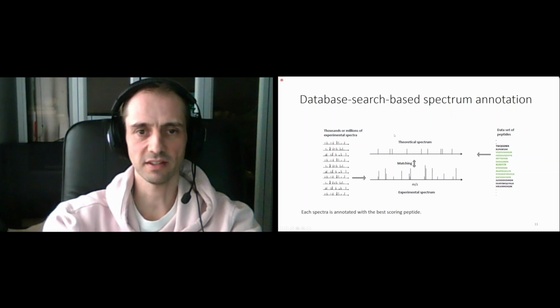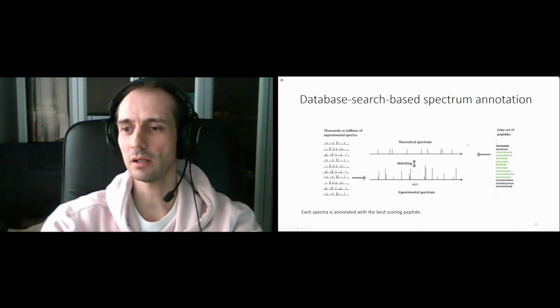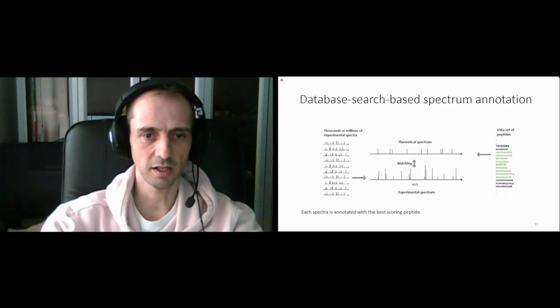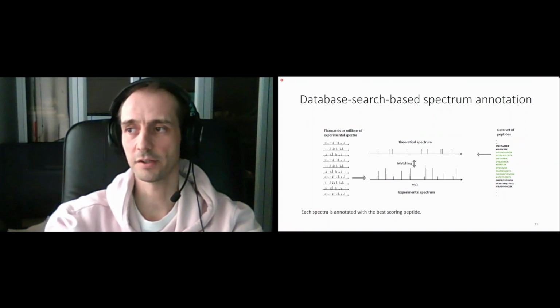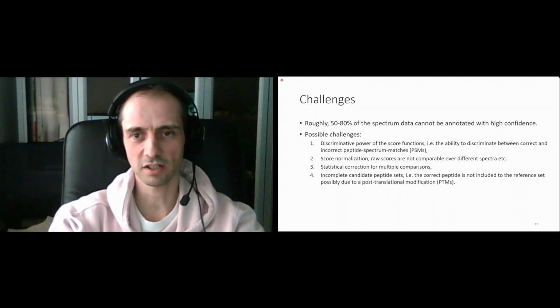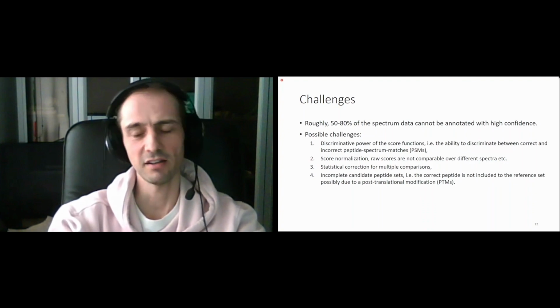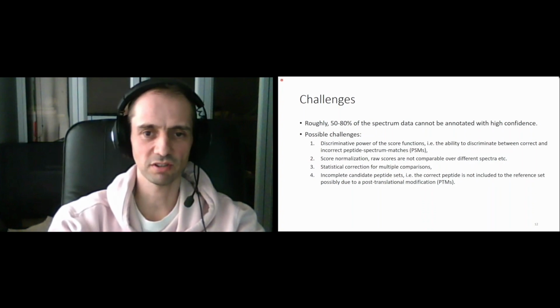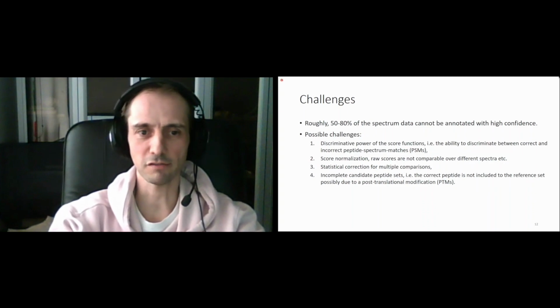Okay, the problem is that every spectrum will be annotated by a peptide sequence, but it doesn't mean that the annotation is correct. And in practice, roughly 50–80% of the spectrum data cannot be annotated correctly with high confidence. There can be lots of issues, like the scoring function isn't smart enough.